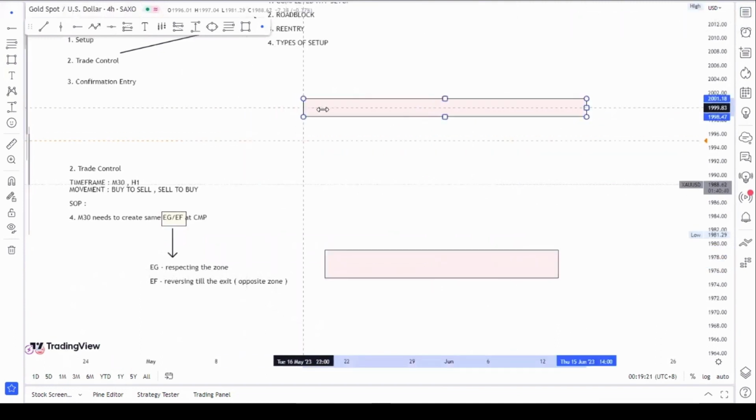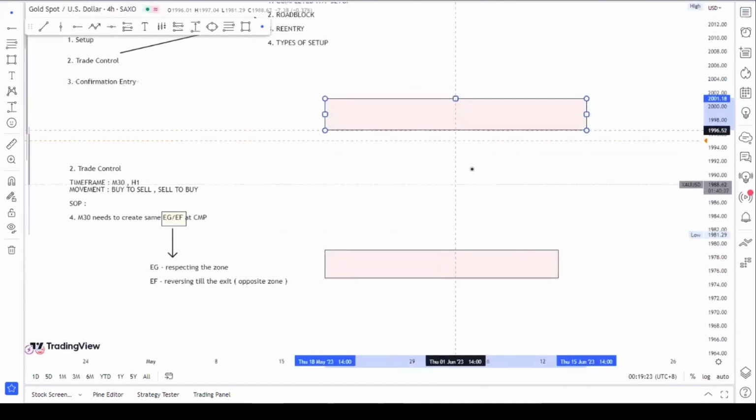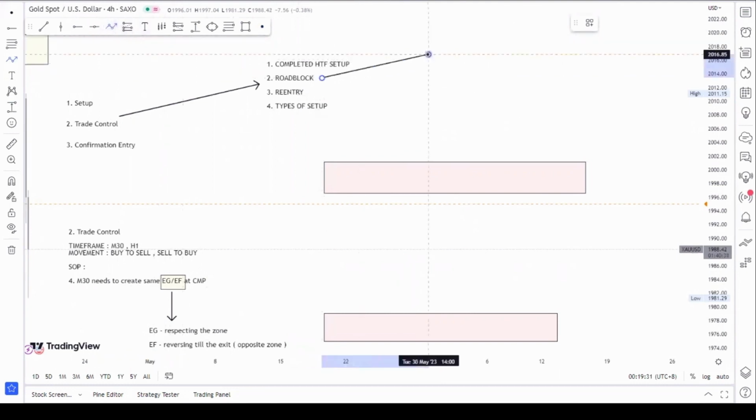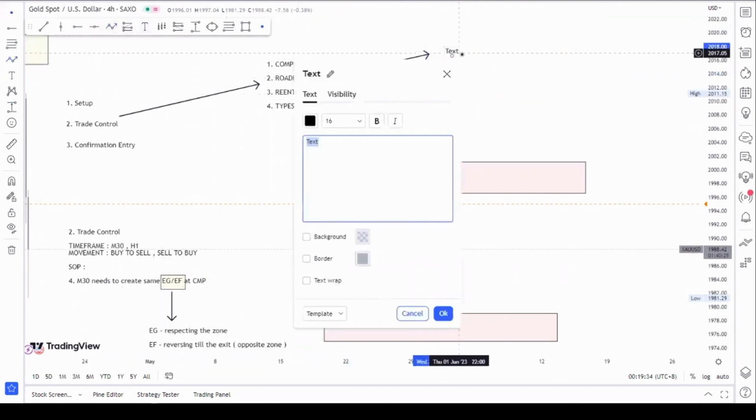The roadblocks. Okay. When we talk about the roadblock, there are two uses of roadblocks. Number one, we use roadblock for our first entry, for entry purpose.